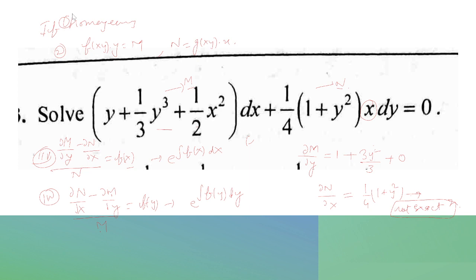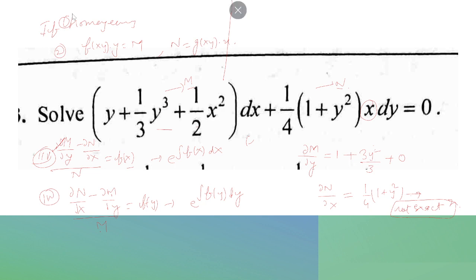So we want to find out its integrating factor. How can we find out? Check the case third. Del M by del y minus del N by del x, put the value in case third, del M by del y and del N by del x.